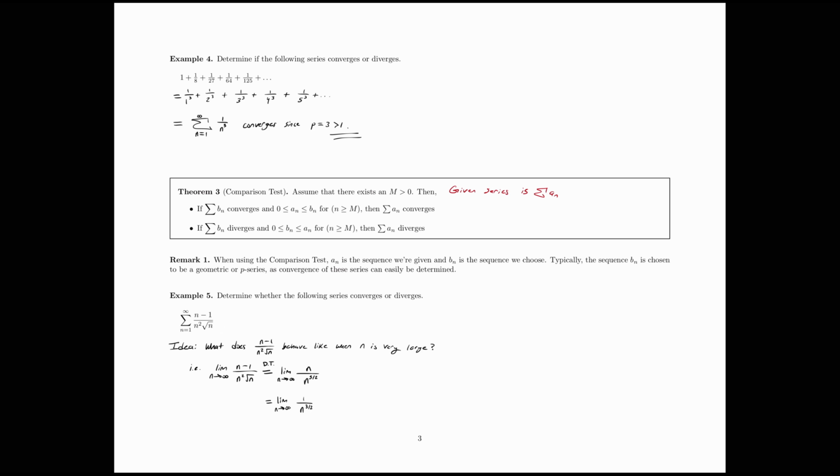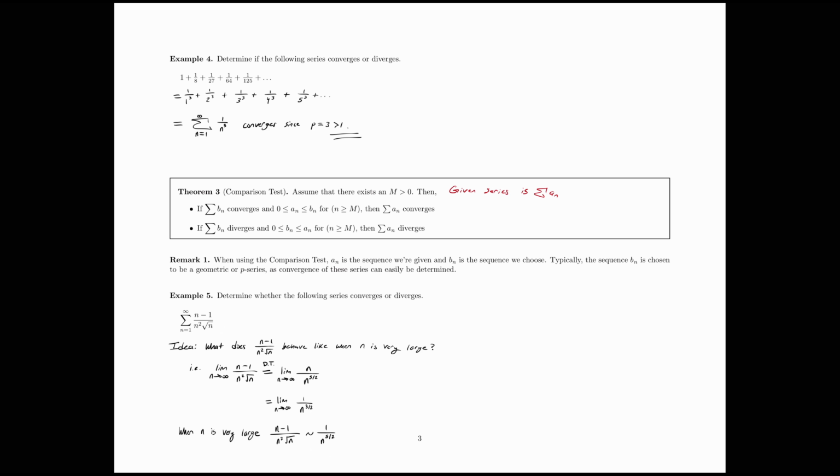So I'll summarize that and say, when n is very large, (n minus 1) over n squared square root of n behaves similarly to 1 over n to the 5 halves. So this right here is going to be the series term that we are going to compare our given series to.